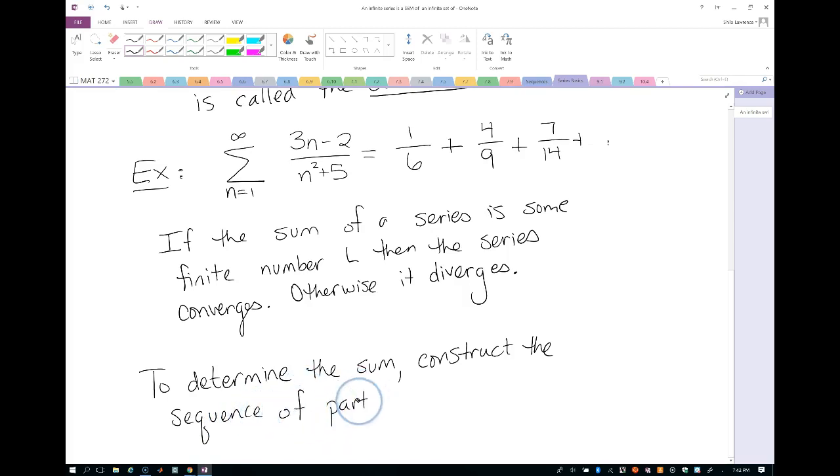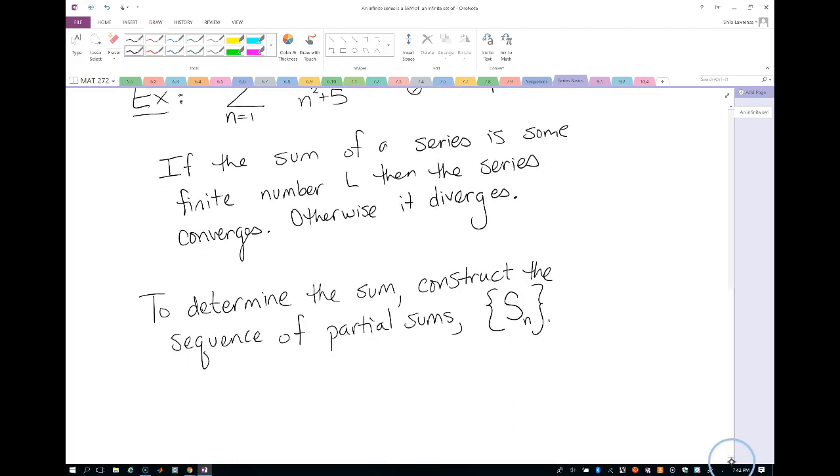Our partial sums, which is a sequence, is denoted as capital S sub n. It is a sequence, so we still write it the same way we write other sequences, but this is going to lead us eventually to the sum of our series.